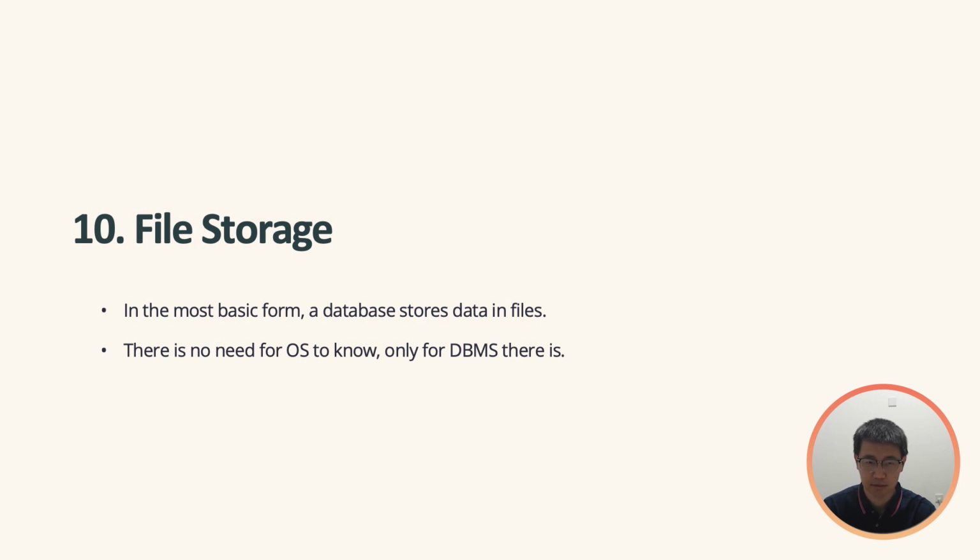Only the database management system knows. For example, some databases might use a multi-file hierarchical structure, like large commercial databases such as Oracle DB or DB2, while others might use a single file structure, which is simpler and used by smaller databases.